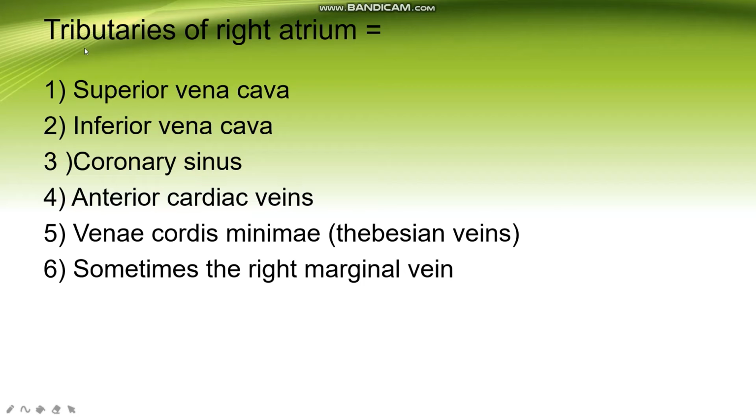The tributaries of the right atrium are the superior vena cava, inferior vena cava, coronary sinus, anterior cardiac veins, venae cordis minimi, and sometimes the right marginal veins.